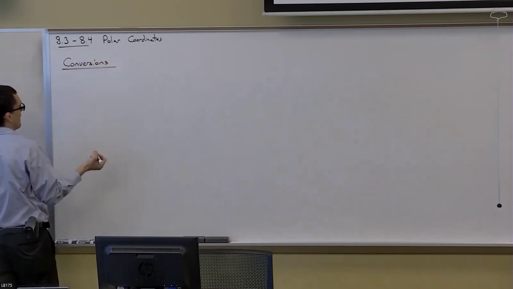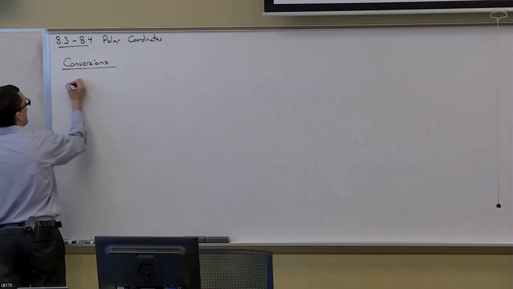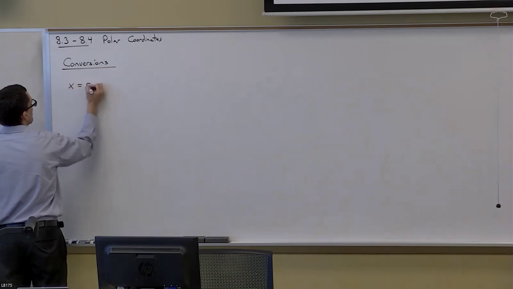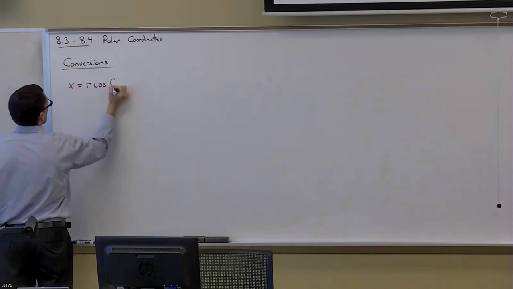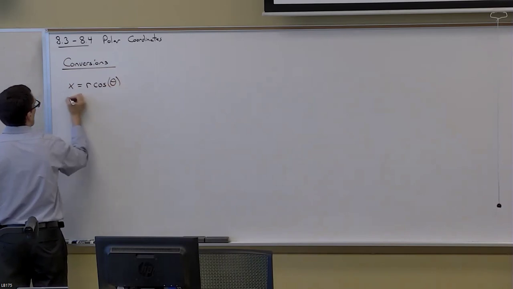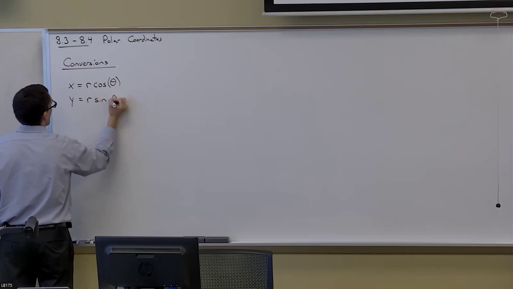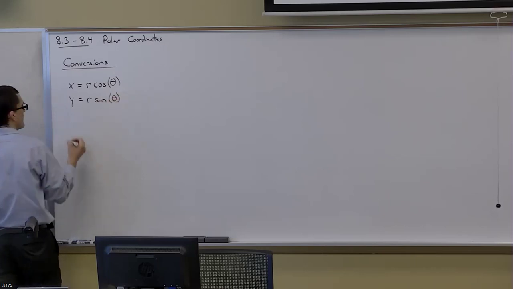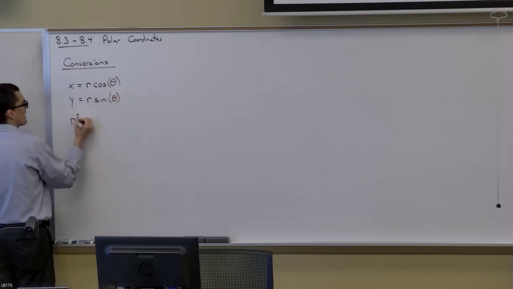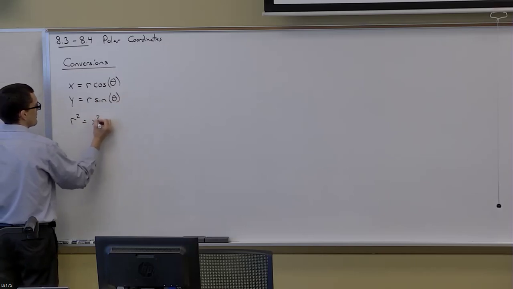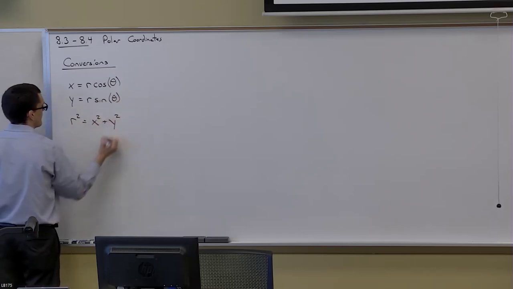came from the right triangle, and they were this. X is equal to R times cosine theta. Y is equal to R times sine theta. R squared equals X squared plus Y squared.